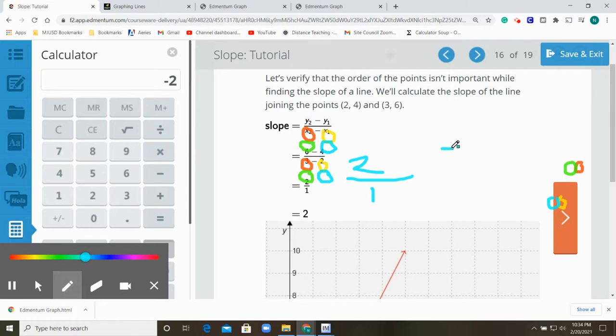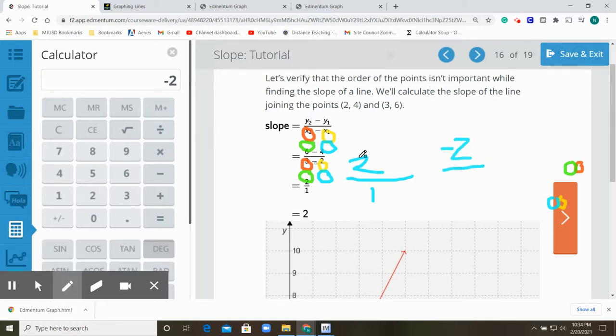So even if it was negative 2, over 2 minus 3, if we reversed it, it would be negative 1.